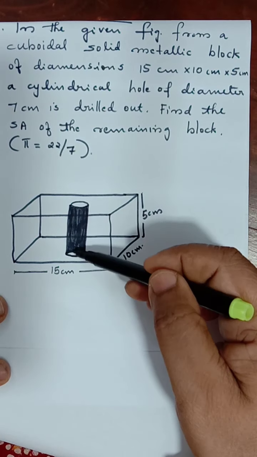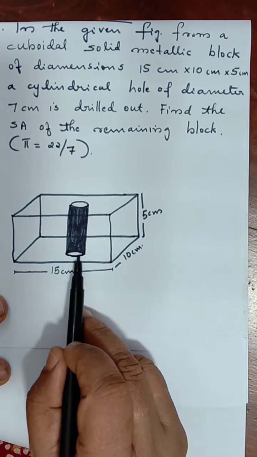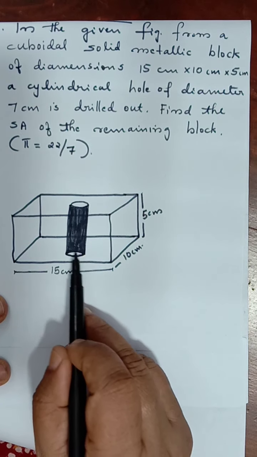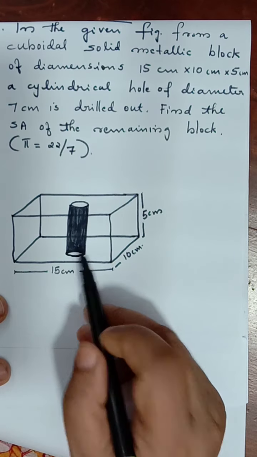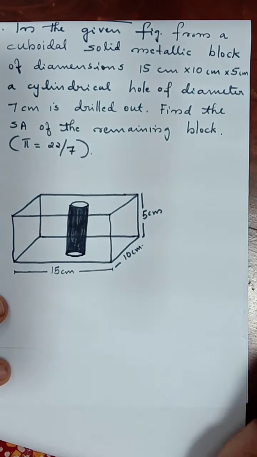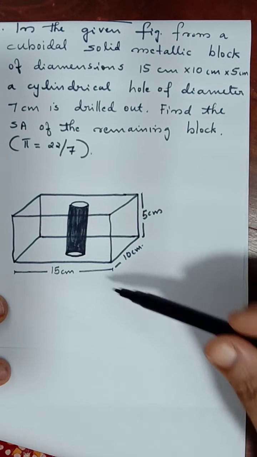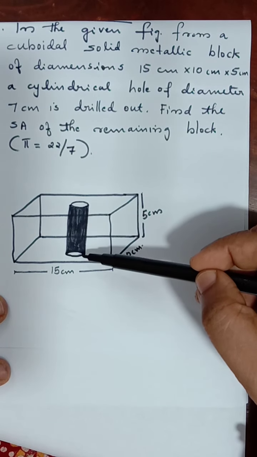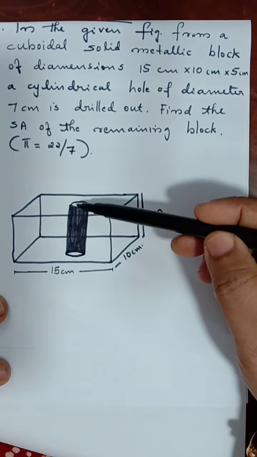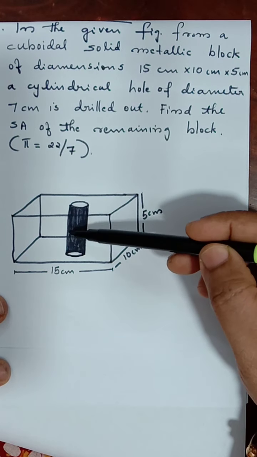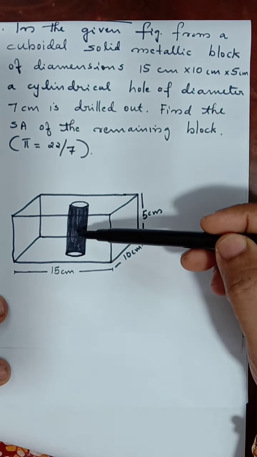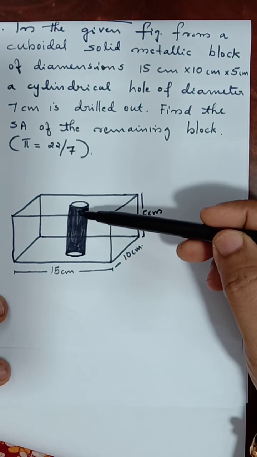It is made as a hole. Now on the bottom portion also that circular area is not there. So 2 circular areas we have to subtract from the total surface area of the cuboid. Then you can see an inner area. While looking through this hole, we can see the inner area. That is actually the CSA of the cylinder.